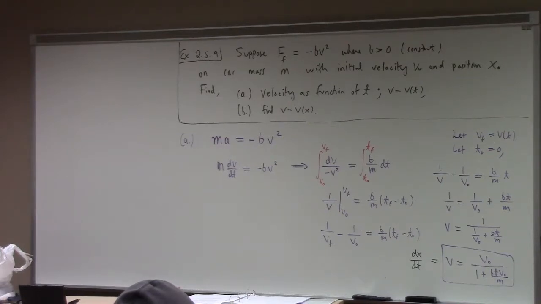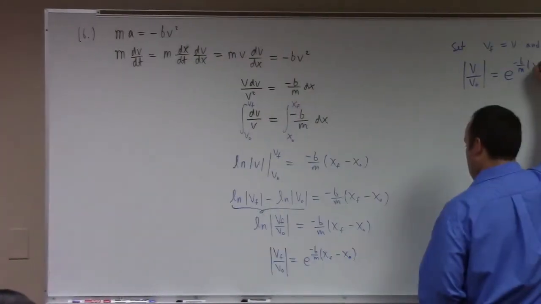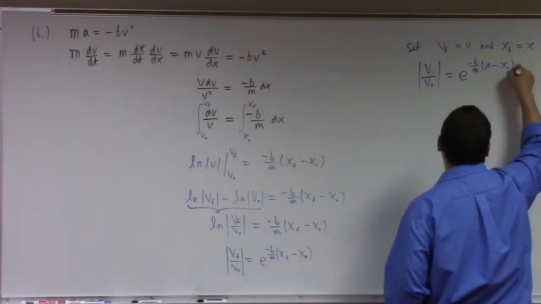So let's go ahead and set vf equal to v and xf equal to x, and that will give us what we're after. The absolute value of v over v naught is equal to e to the minus b over m times x minus x naught, like so.